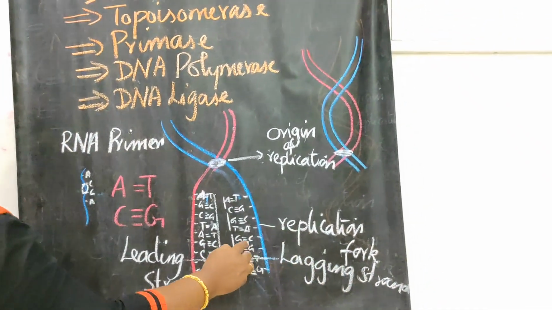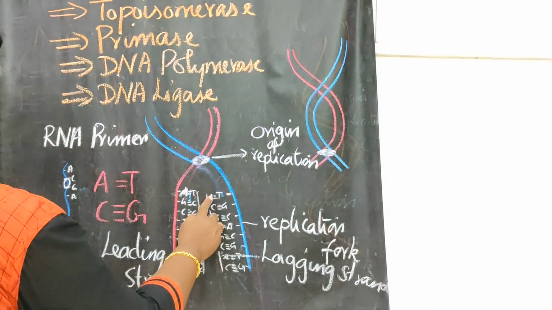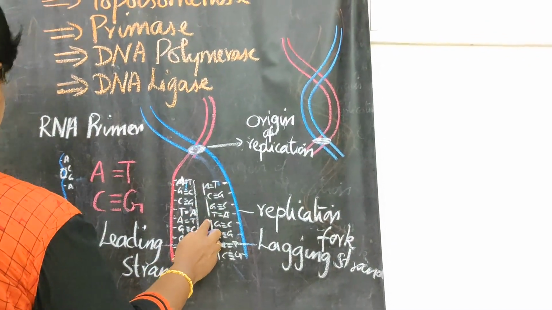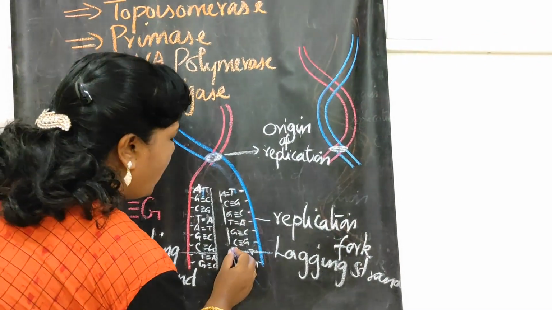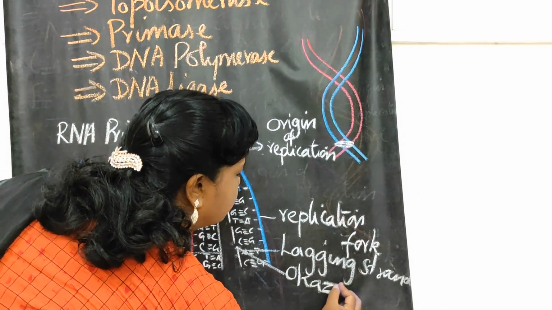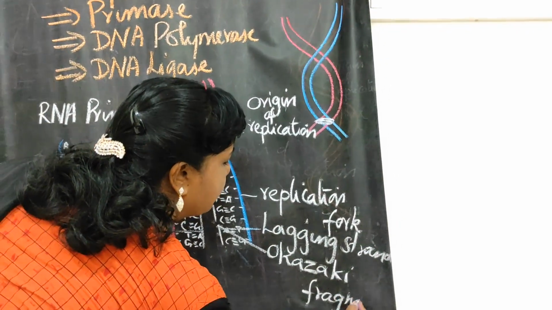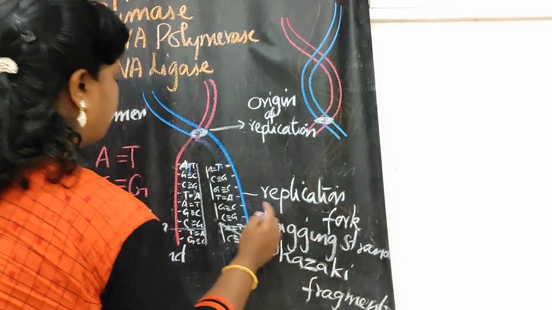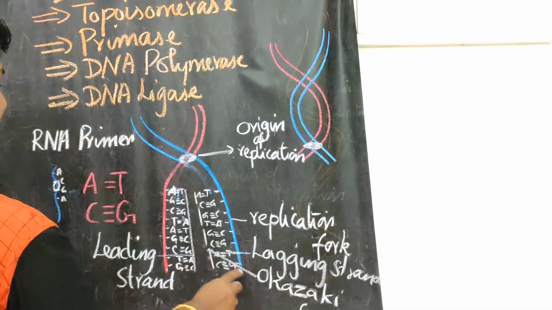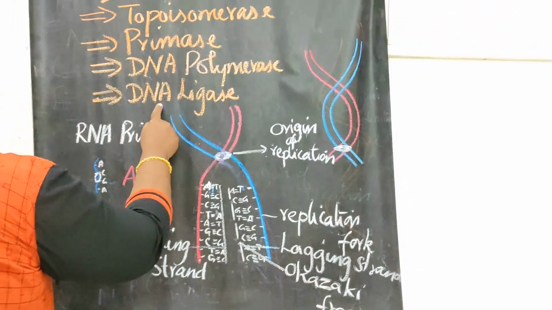The discontinuous strand of DNA is formed of small fragments, and they are said to be Okazaki fragments. What's the last enzyme?